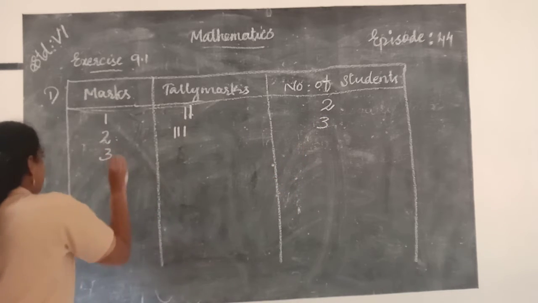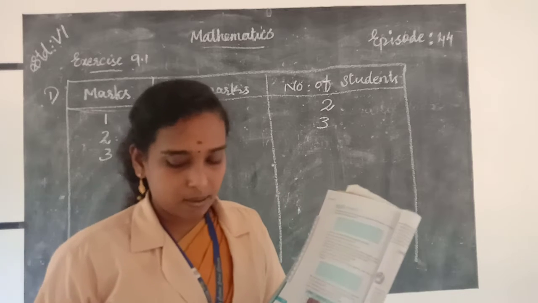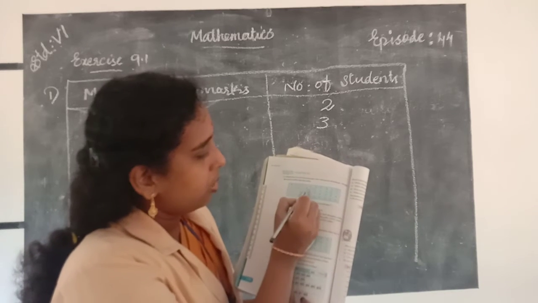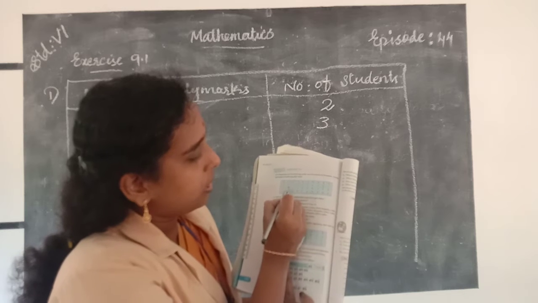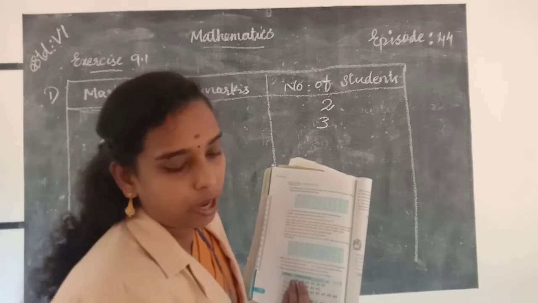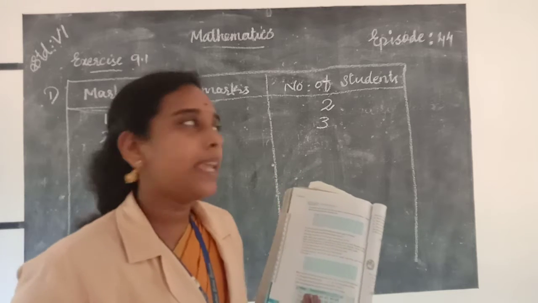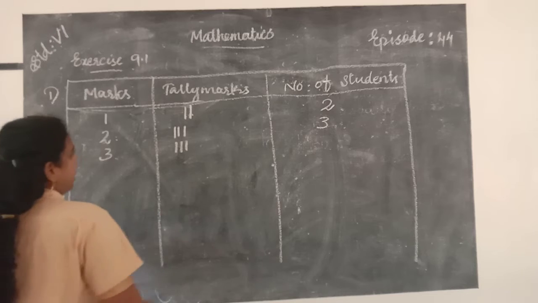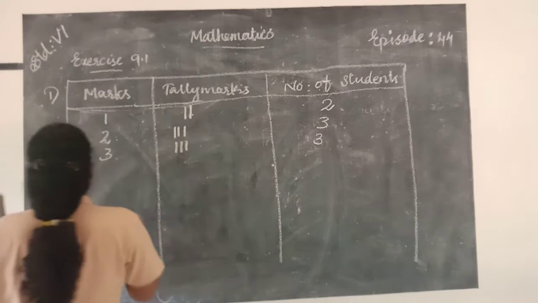Then 3 marks. The number of students who got 3 marks: 1, 2, 3. Only 3 students got 3 marks. So draw 3 vertical lines, and the number of students is 3.